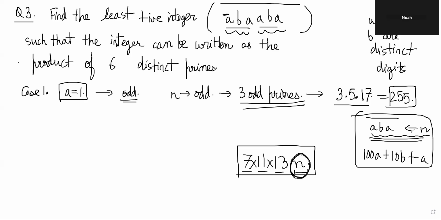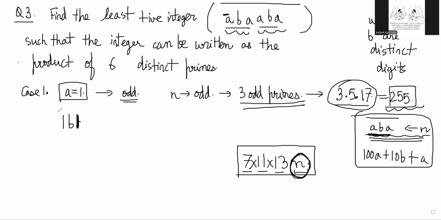But that is not possible for a three-digit number starting with 1, right? The smallest possible product of primes is 255, but if A is 1, you cannot get a number like that, because N has to be this three-digit number also.